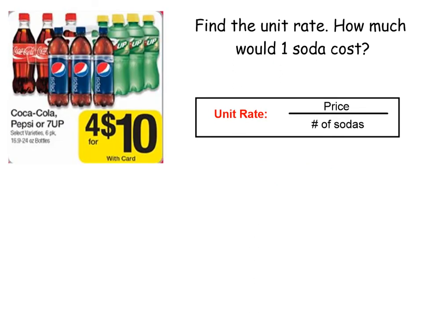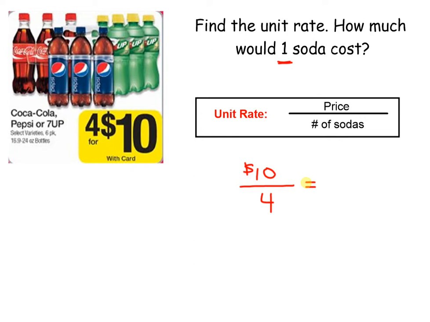Let's try another example. So here we have some Coca-Cola and Pepsi products. Find the unit rate. How much would 1 soda cost? Well, let's go back to our formula. Price over number of items. So the price is $10 over, how many are we getting? 4. Put this into your calculator.